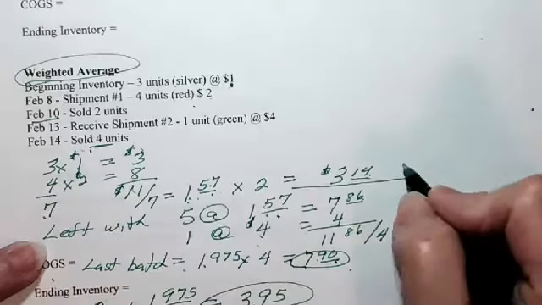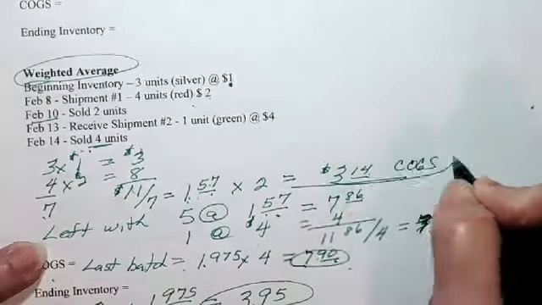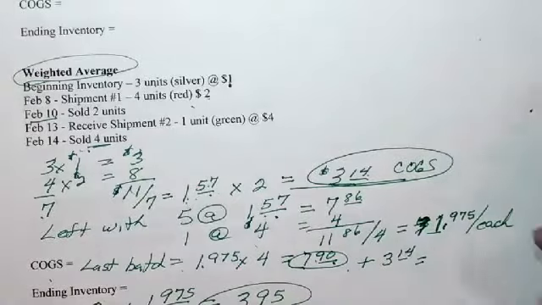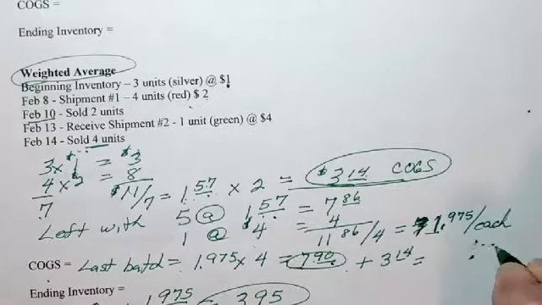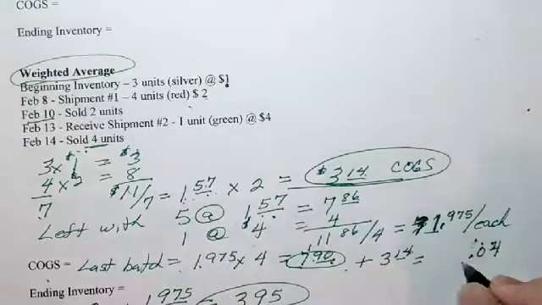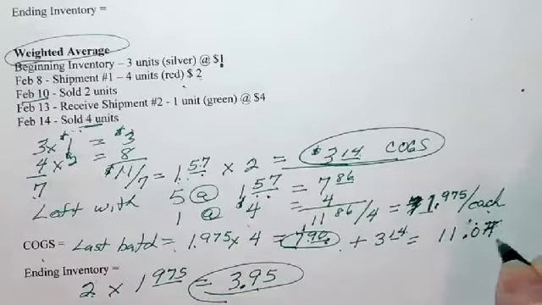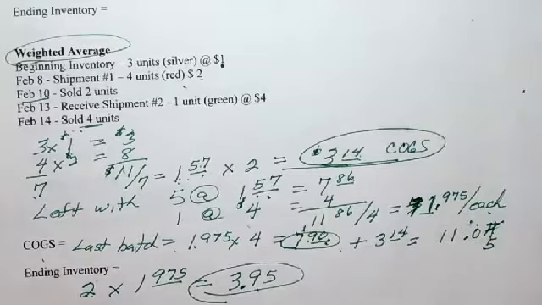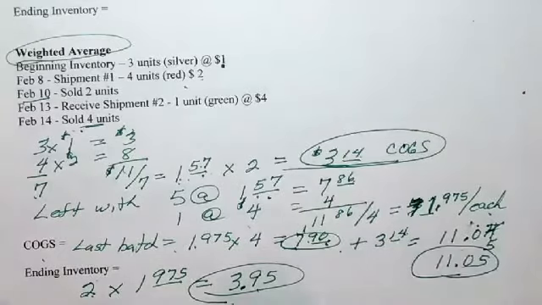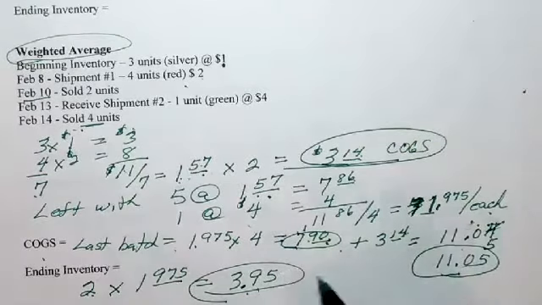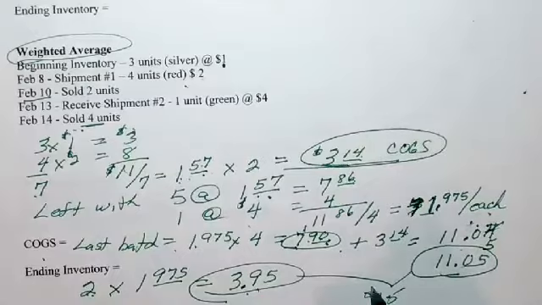And my cost of goods sold up here, total cost of goods sold is, so I got $11.04. So I'm going to make this $11.05 because you've got to make it total to your $15 plus the $3.95. Again, I've got my $15 all accounted for.